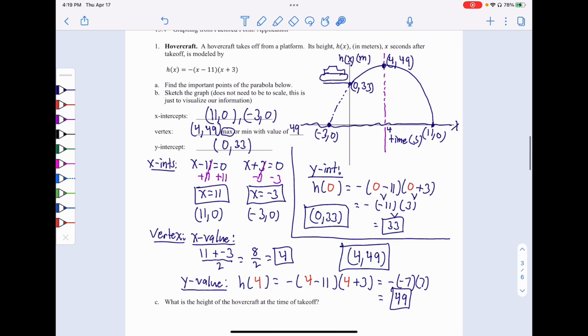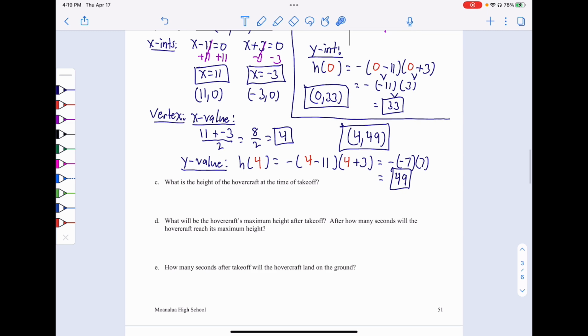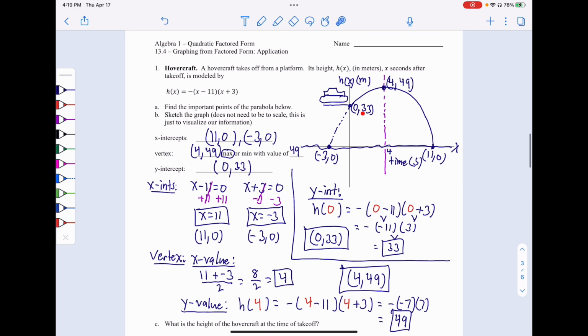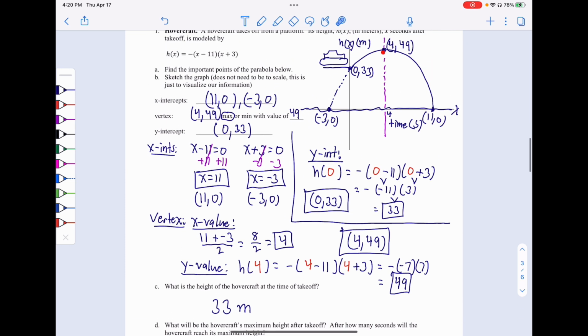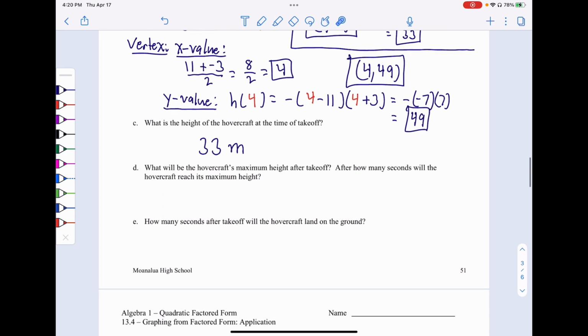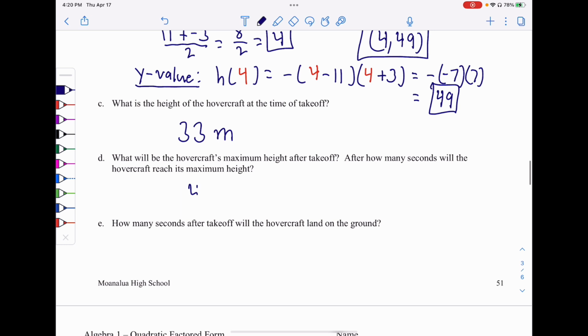So part C says, what is the height of the hovercraft at time of takeoff? We know it's 33 meters. Next part, what will the hovercraft's maximum height be after takeoff and after how many seconds? So we can see our graph. Maximum height is there, 4 seconds, 49 meters. All right, so maximum height is 49 meters at 4 seconds.